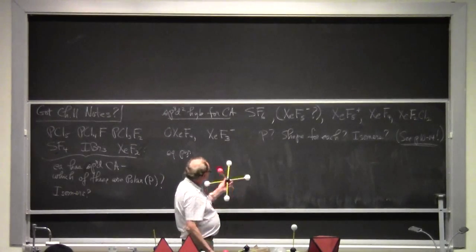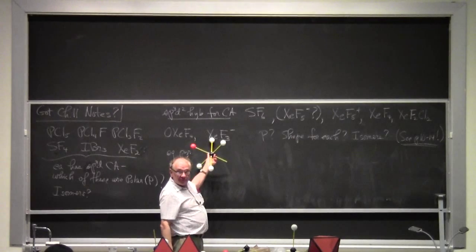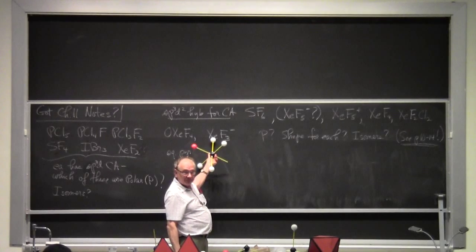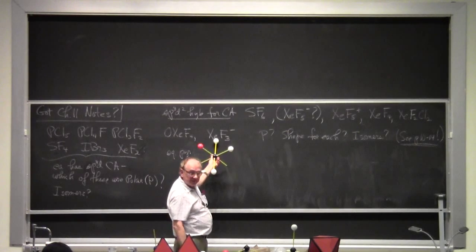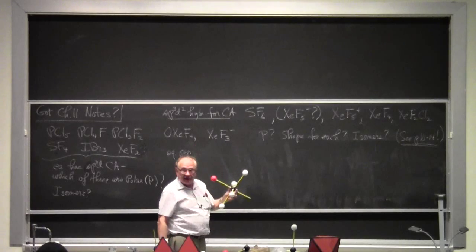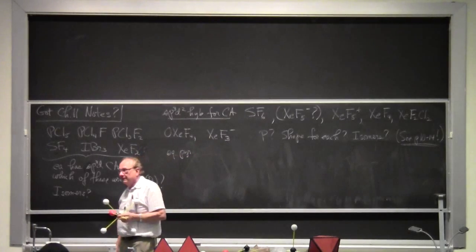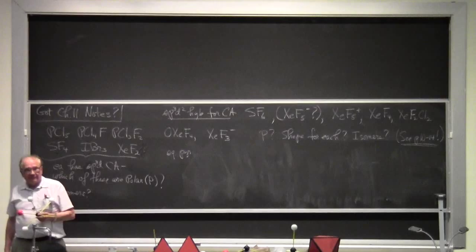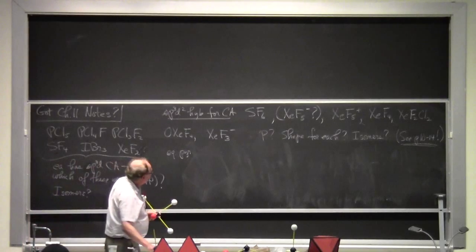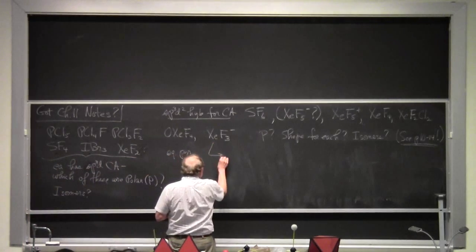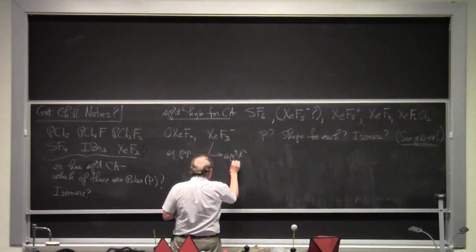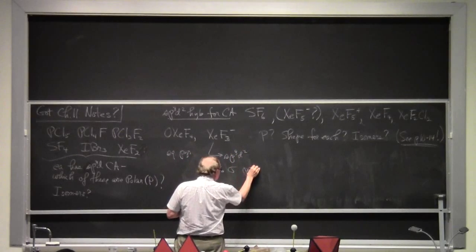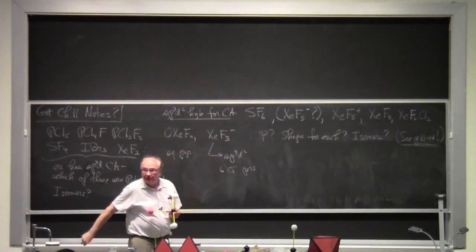Well, since we've reminded ourselves that this too is an sp3d2 hybridized central atom, then we know we again have 6 sigma pairs in the valence environment of the central atom. But this time, how many non-bonding pairs do I have? Wait a minute. Remember, this is sp3d2. That means 6 sigma pairs. How many peripheral atoms? 3.